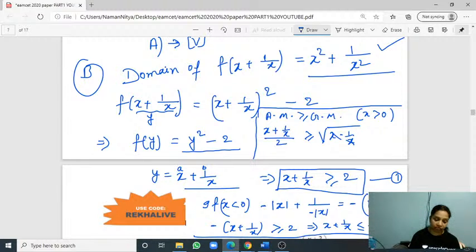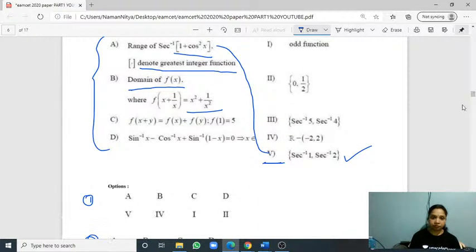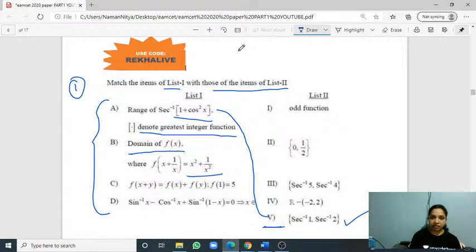So this is my equation 2. You can just check what is the domain of x plus 1 by x in both the cases, from equation 1 and 2. If I combine, what will be the domain? Let me write here. The domain I am calculating for x plus 1 by x is greater than or equal to 2 and x plus 1 by x is less than or equal to minus 2.